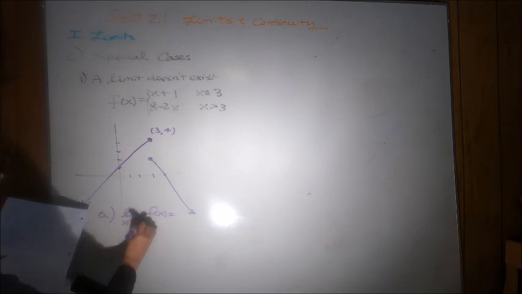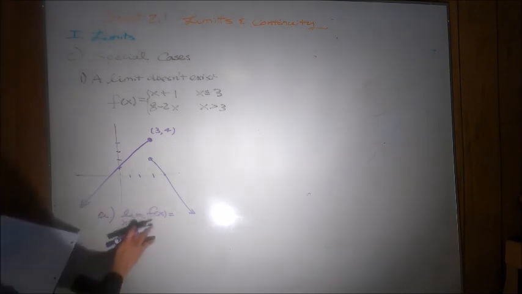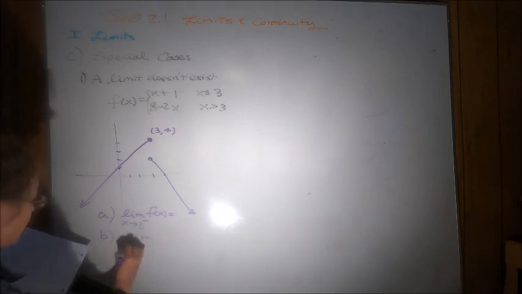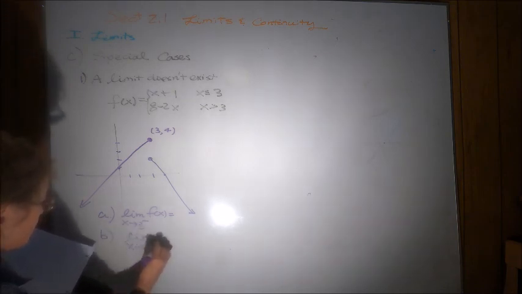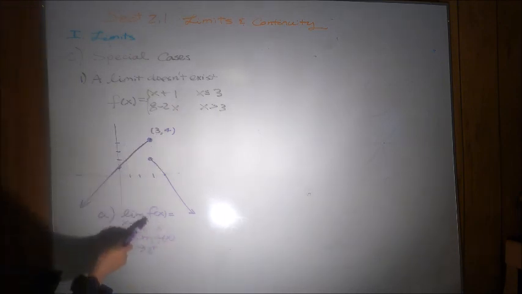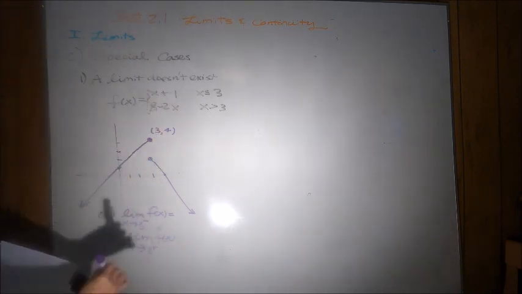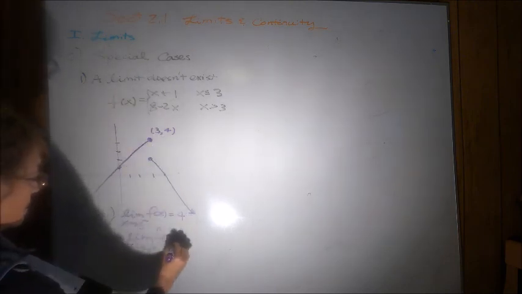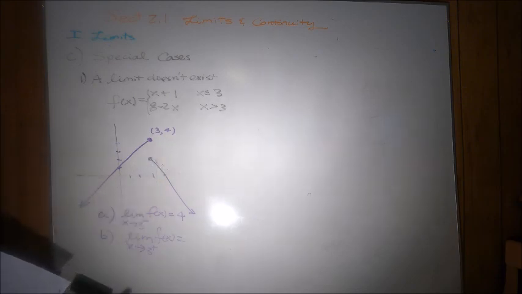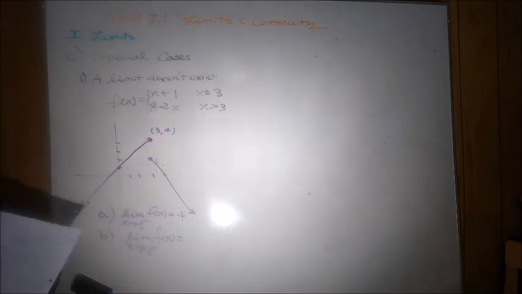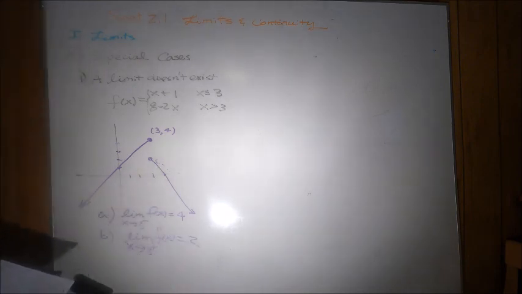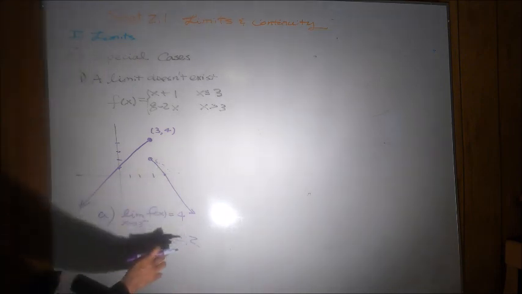We approach from the right-hand side, and also check from the left-hand side. From the left-hand side means less than 3, so I plug into the first one, and it's 4. If I approach from the right-hand side, I plug into the second one, and my value is 2. Are they the same?